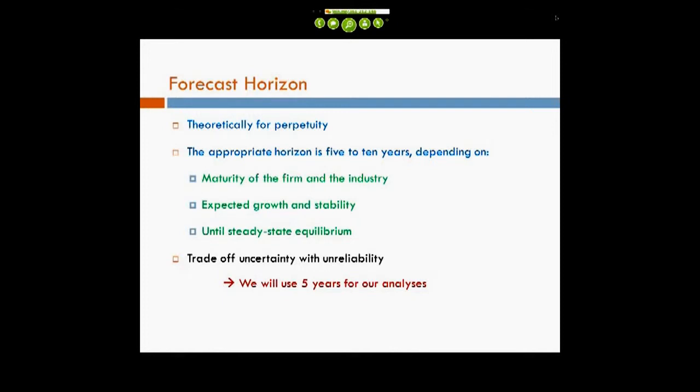So that involves, what's the expected future growth and stability of that company, that industry. The challenge is the further out you forecast, the more you're guessing. But if you don't forecast and you're just assuming a steady state, that's also a guess. So you get one guess versus another as you're looking far into the future.